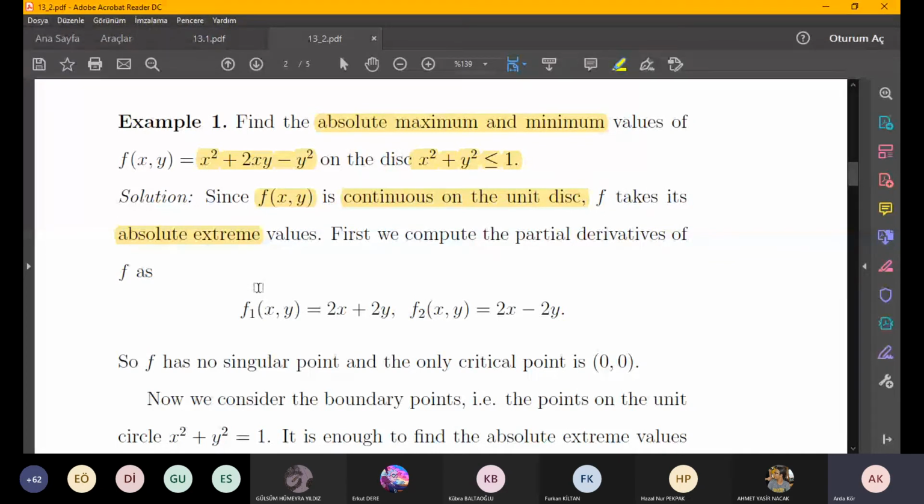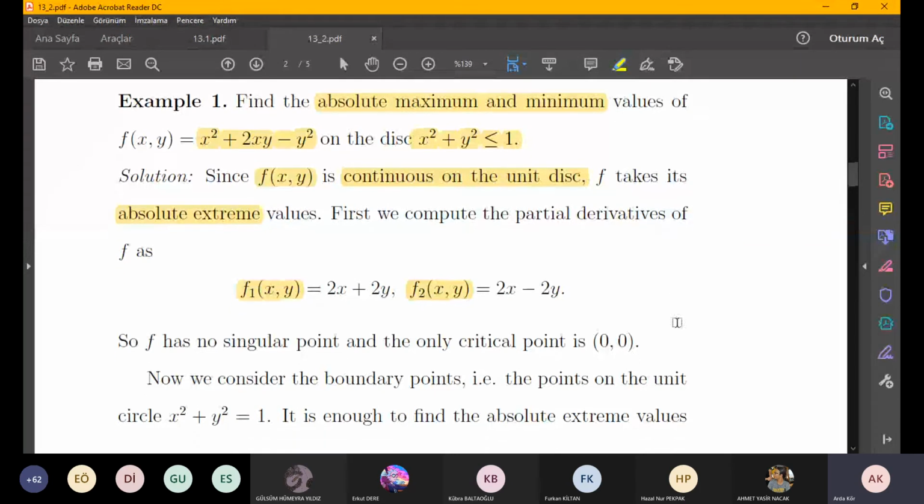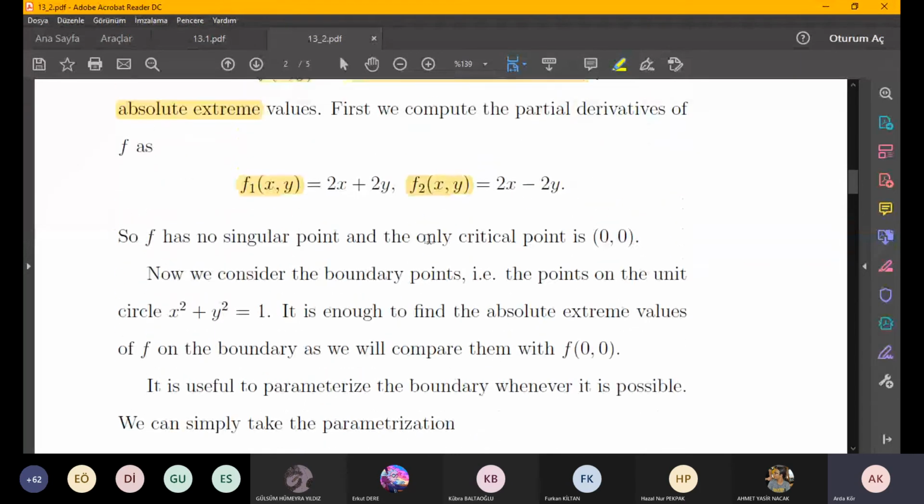And first, to find the critical points, we will compute the components of the gradient vector of f, which will be f1(x,y) and f2(x,y), which are 2x plus 2y and 2x minus 2y respectively.